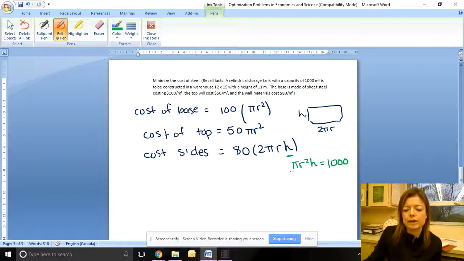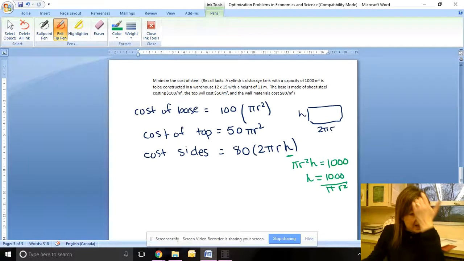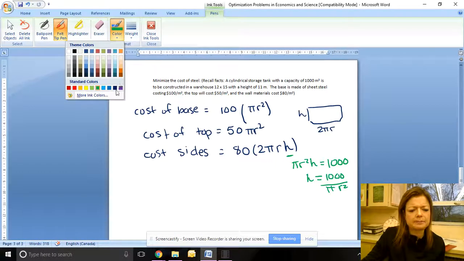So we can just rewrite our volume formula, pi r squared h equals 1,000. Because we know this number, we can rearrange this formula for h, and then it will be in terms of r. So h is equal to 1,000 divided by pi r squared. So now in our function, instead of the h, we can write 1,000 over pi r squared, and then everything will be in terms of r. So that's exciting.